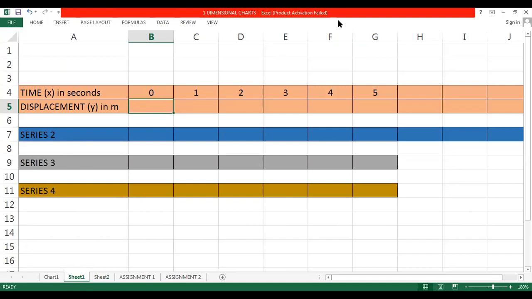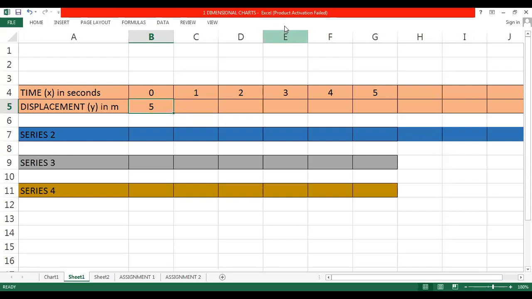Not getting the answer? It will be 5 meters. Yes or no? At what distance is the object? Initially at 5 meters.